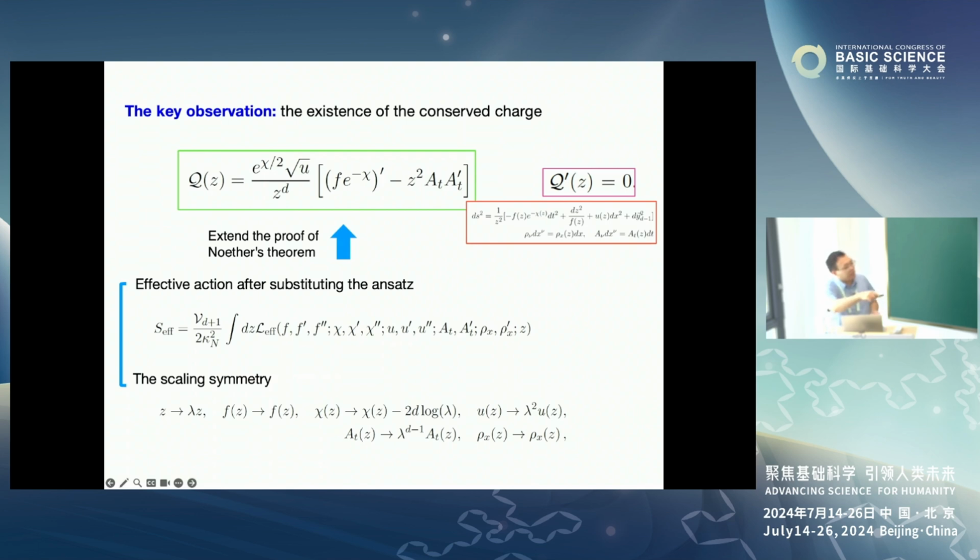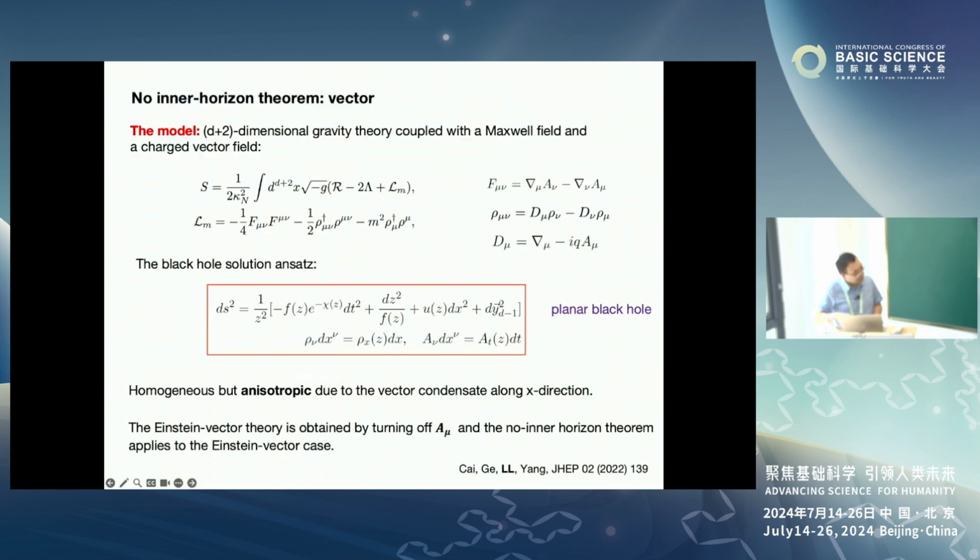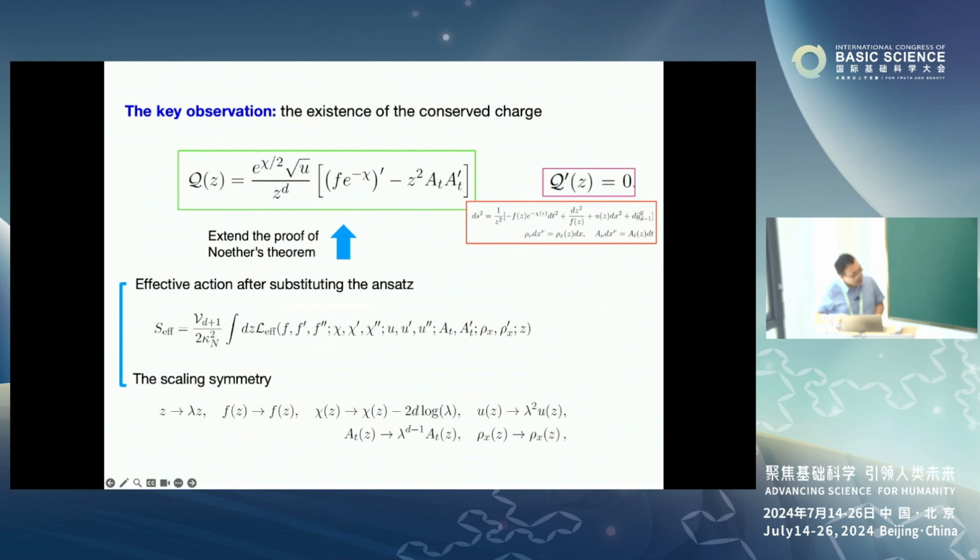The idea is like that. You have the ansatz here, and then you have the effective action. Just put this ansatz into the action, and you can observe that this effective action has this scaling symmetry. Then following the discussion like Noether's theory, you can find this conserved charge.